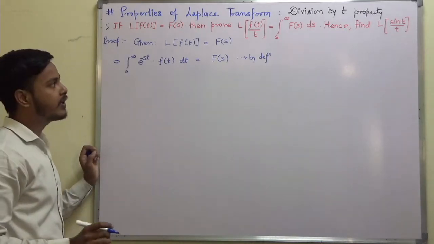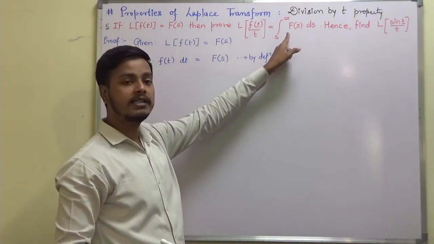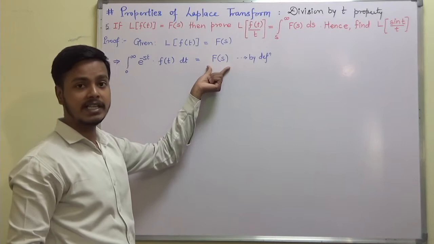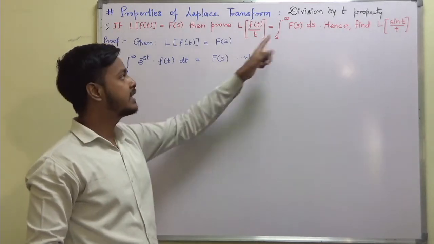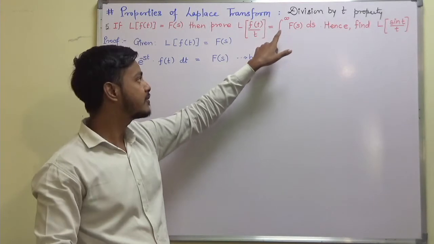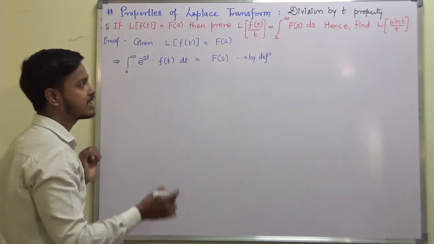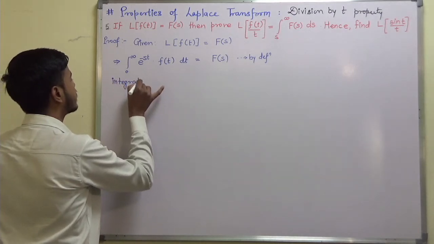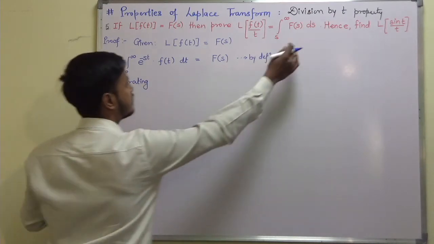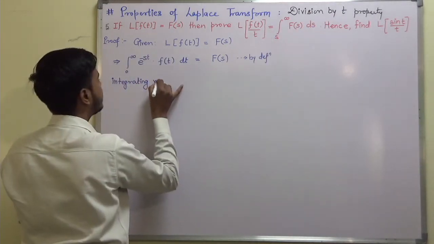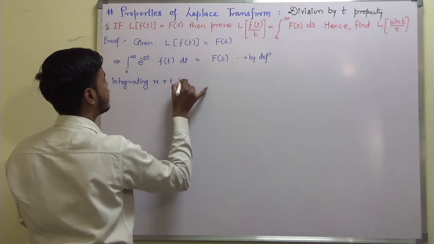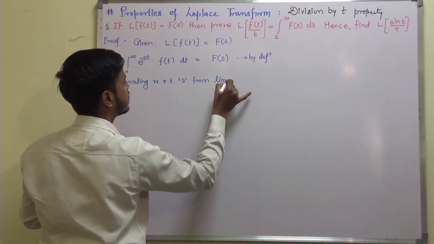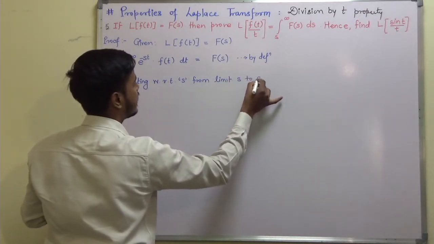Clear? Now if you look at the result, on the right hand side we have an integration and the limits are s to infinity, and on the left hand side we have only f of s. So this is helping me in writing down the next step. What I will do is integrate with respect to s from limit s to infinity.